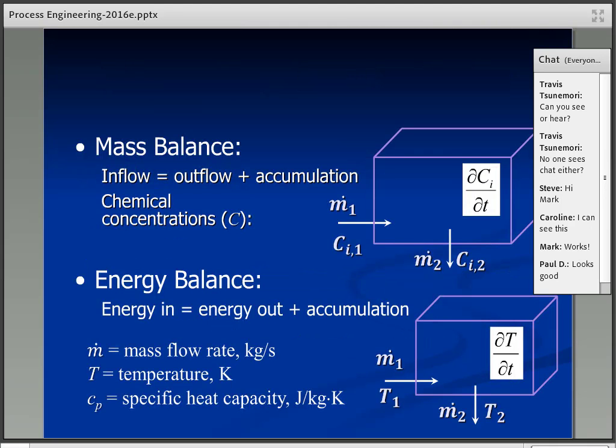So look a little bit more at mass and energy balances. This is sort of a reference slide. As I go through here, from time to time I have some slides with a lot of information that I want you to have as a reference, but I won't have time to go over it in detail, so I'll mention what it is, and it's here as reference information. This is just writing mass and energy balance in general terms, and as we do examples, we'll apply some of it.